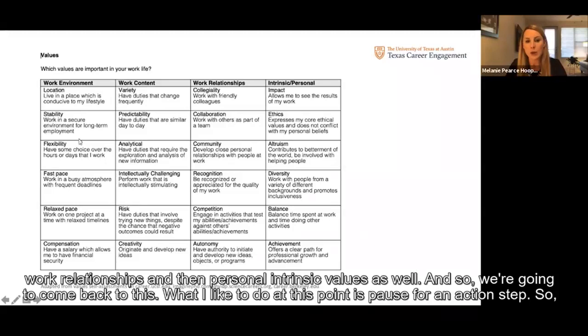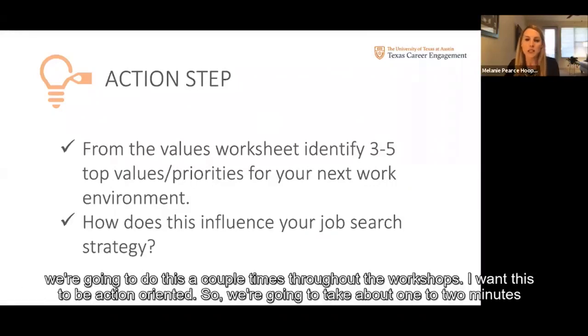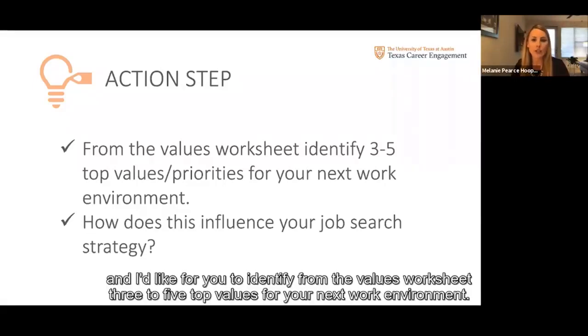We're going to come back to this. What I like to do at this point is pause for an action step. We're going to do this a couple of times throughout the workshops. I want this to be action-oriented. So we're going to take about 1 to 2 minutes, and I'd like you to identify from the values worksheet 3 to 5 top values for your next work environment.